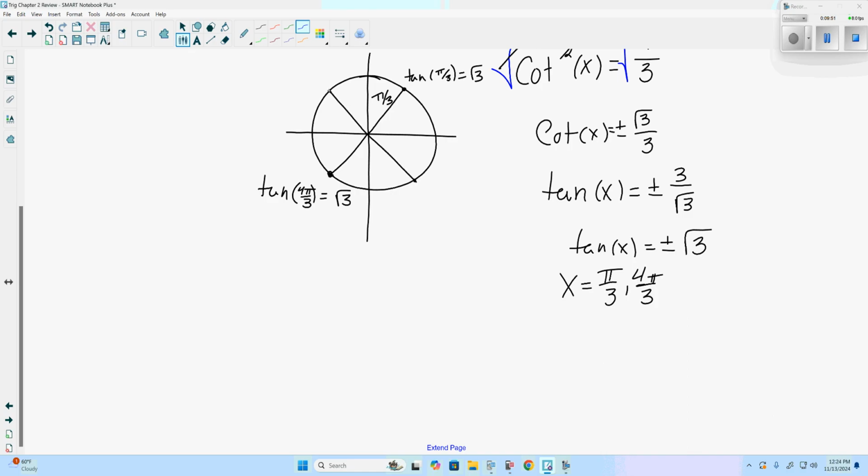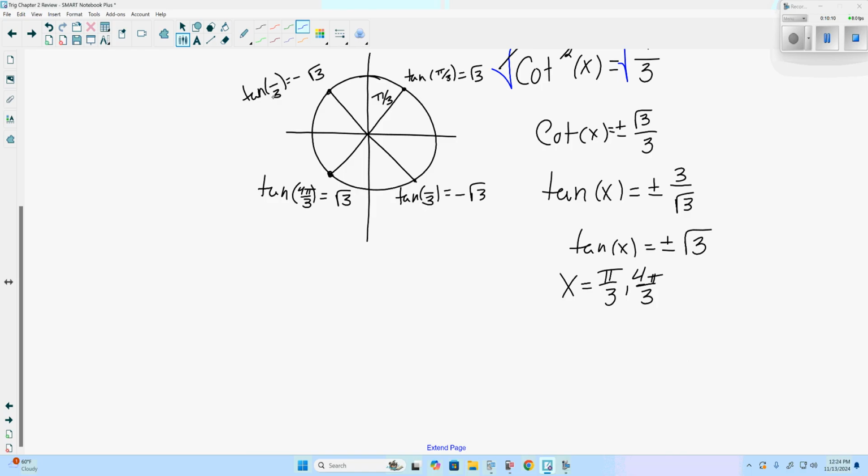But it didn't want just the positive, it also wanted the negative square root of 3, where tangent of an angle is equal to the negative version of it. And again, what was our denominator for the first two? 3.